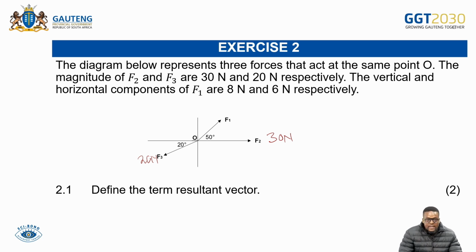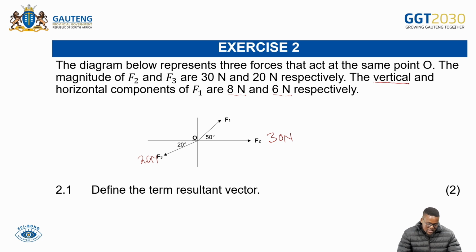And then we don't know the force F1. F1 is not given, but what we know is the components of F1, a horizontal component and a vertical component. The vertical component is 8 newtons and the horizontal component is 6 newtons, right?